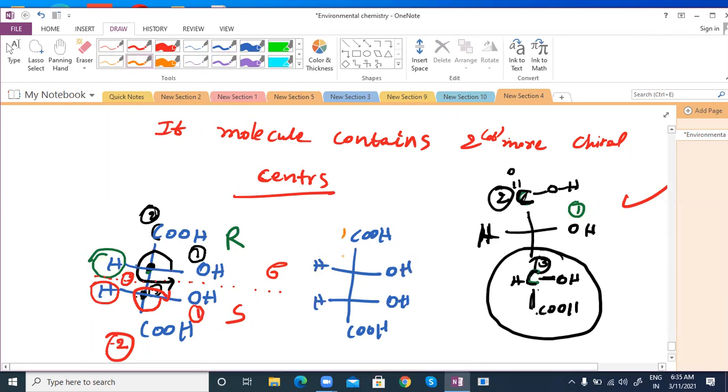This carbon is 1, 2, 3, 4, the longest chain with respect to the IUPAC name. Then the second carbon I am getting R. So 2R and 3S. This is the correct one.